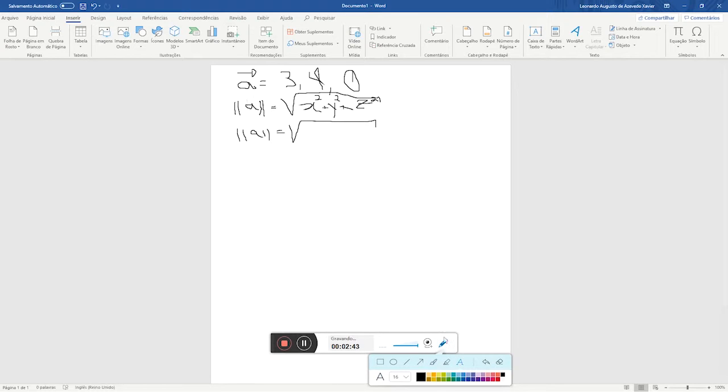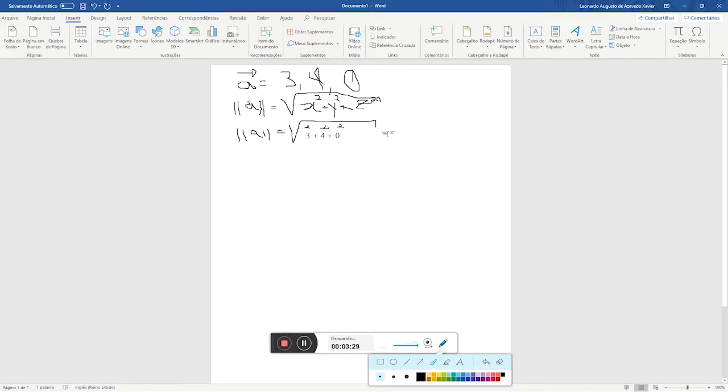I think if I change here, it's going to be easier. So it's going to be 3 plus 4 plus 0. Just let me put the powers here: the power of 2, 4 to the power of 2, and 0 to the power of 2.